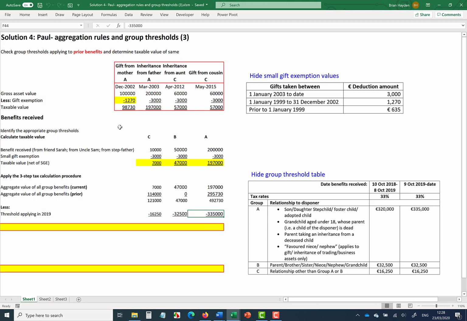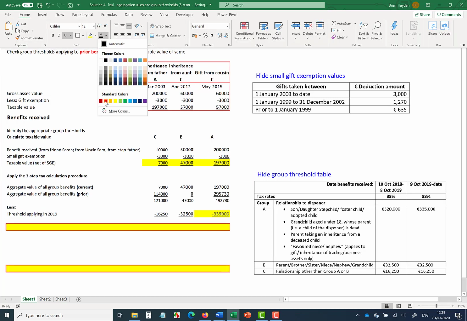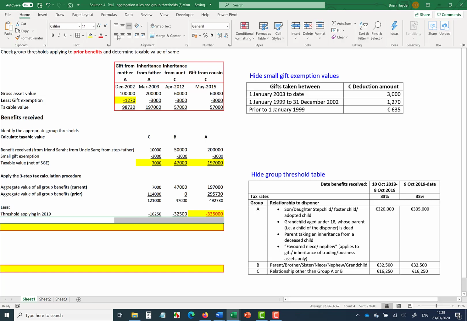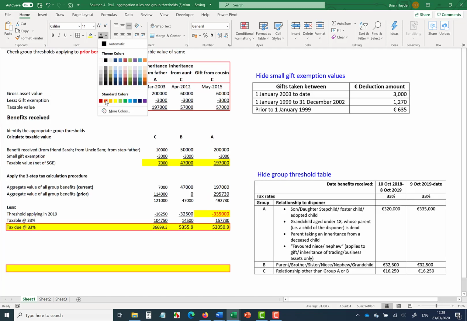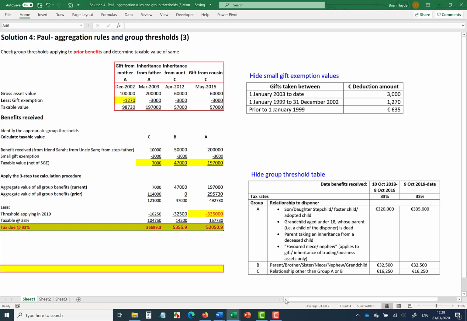So that's probably worth noting there, that because of the date of that particular benefit, the threshold is 335,000. Okay, so that gives us taxable values as indicated there, and the tax on the sum of all those at 33% is as indicated here. Okay, so that is the value of the tax on current and prior.